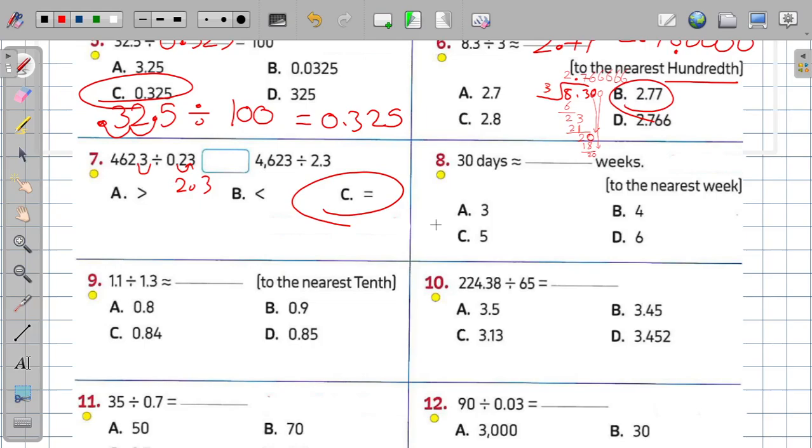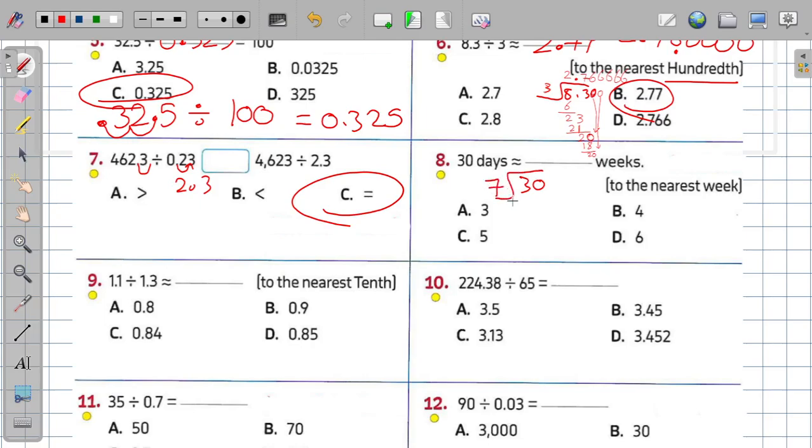Okay. Next, I have 30 days is approximately equal to how many weeks? I think I will divide 30 by 7.